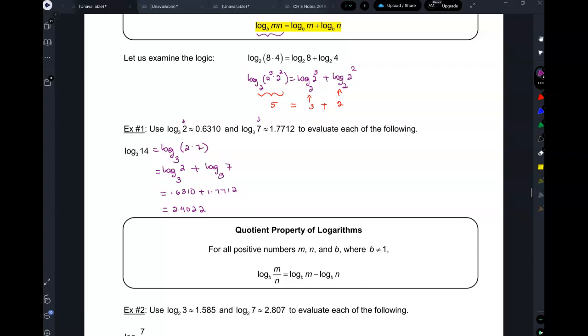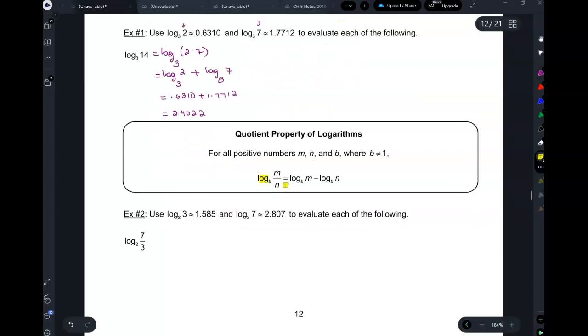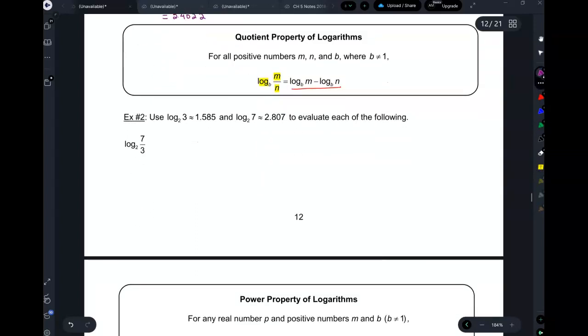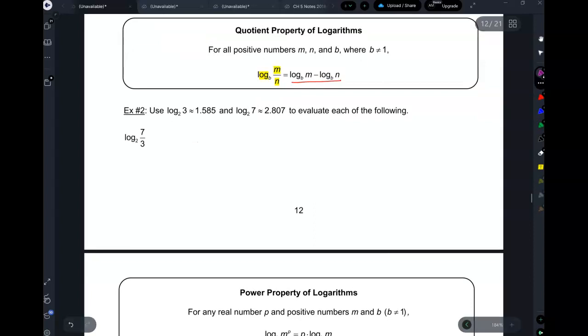Okay, so the quotient property is the same. Now when you're dividing powers, what do you do to the exponents? You subtract them. So here, if you have log base b of m over n, it'll be log of m minus log of n. Okay? So here, I have log of 3 given to me, log of 7 given to me. How can I rewrite that?